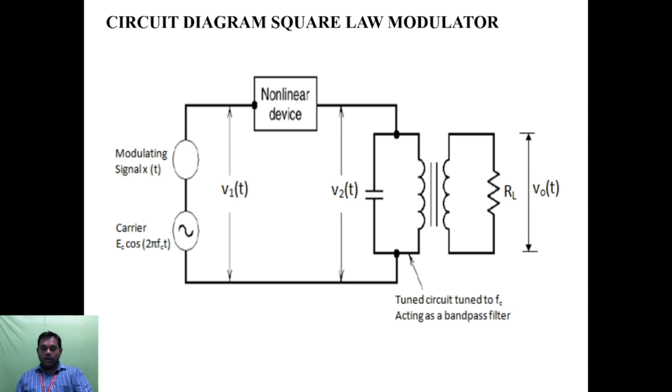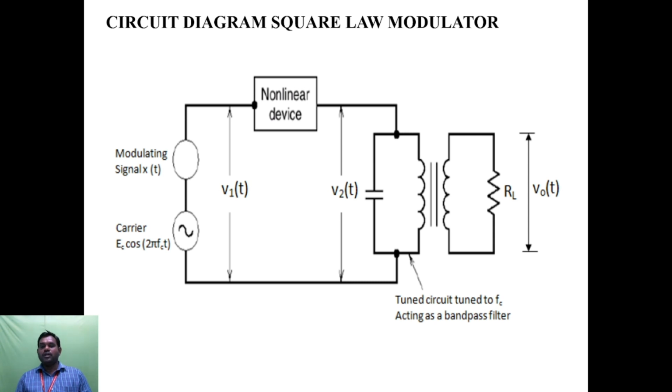Then v2 of t is given to the tuned circuit. The tuned circuit is a combination of a capacitor and an inductor. Here the tuned circuit is acting as a band pass filter. The output of the tuned circuit is connected to the transformer, and a resistive load is connected to the transformer.